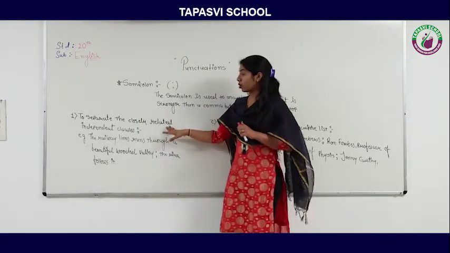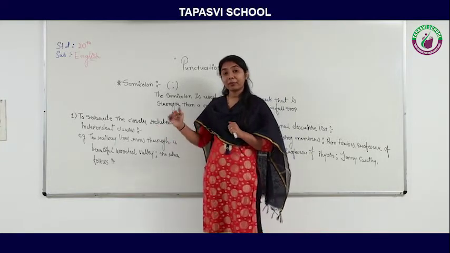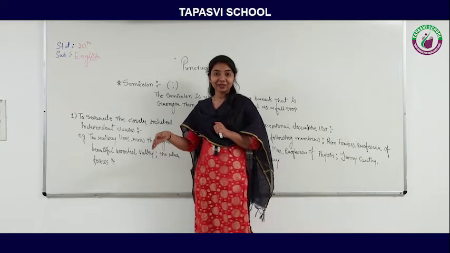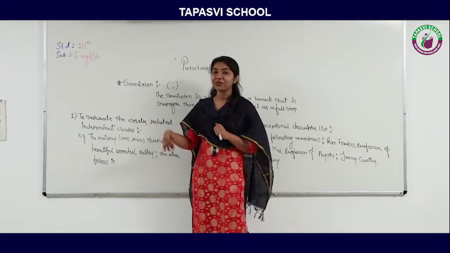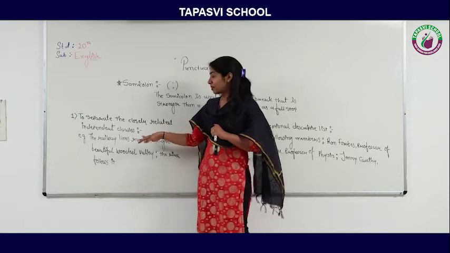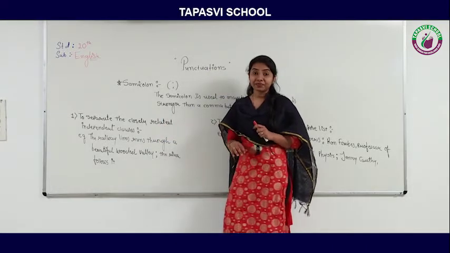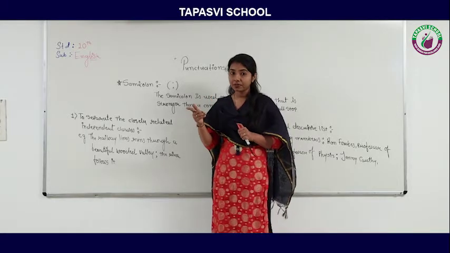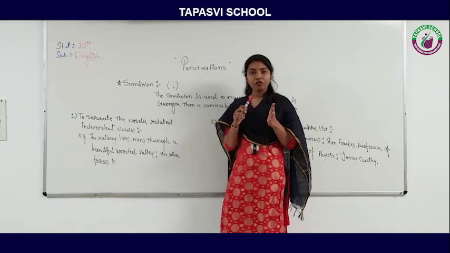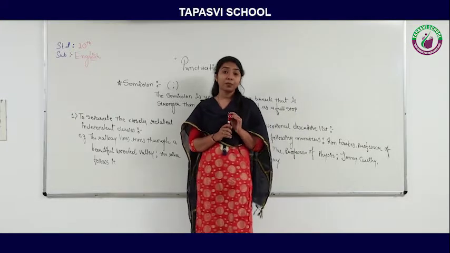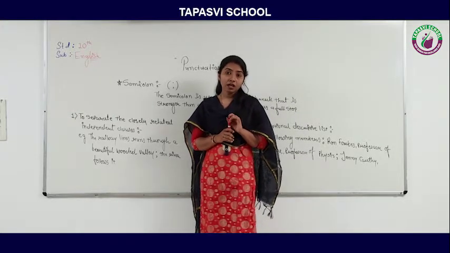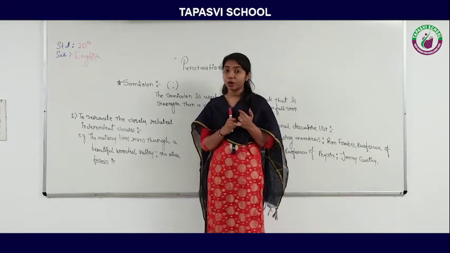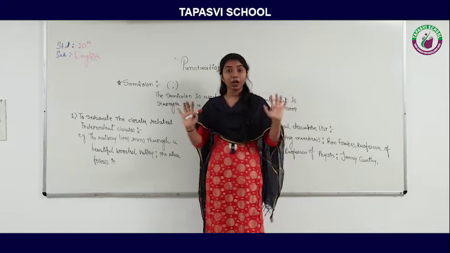Now a clause can be dependent or independent, because clauses don't have to take money or food from a mother or father. But here we have to consider subject, object and verb. A sentence is complete if it has a subject, a verb and an object, that is, subject and predicate with a complete sense.